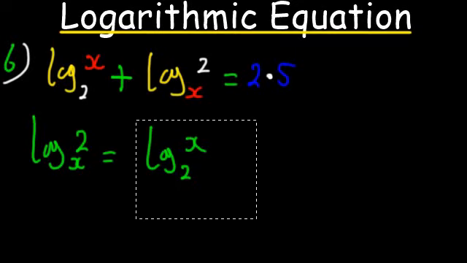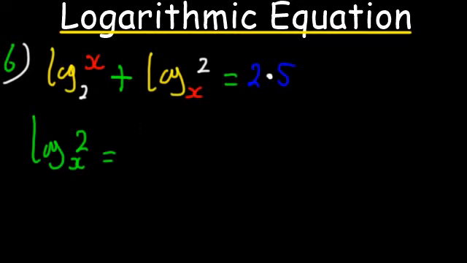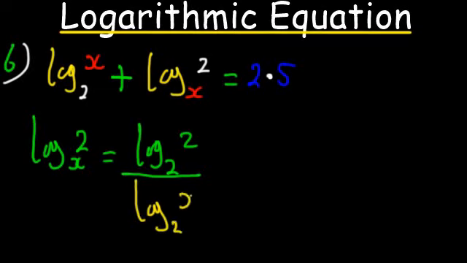When I want to make use of the change of base identity, it depends on the base I want to make use of. Since I want to make use of a base of 2, that will be log to a base of 2 of the first value, that's 2, all divided by log to a base of 2 of x. Now it turns out that log of 2 to a base of 2 is equal to 1. So the final answer in this case is 1 over log of x to the base of 2.